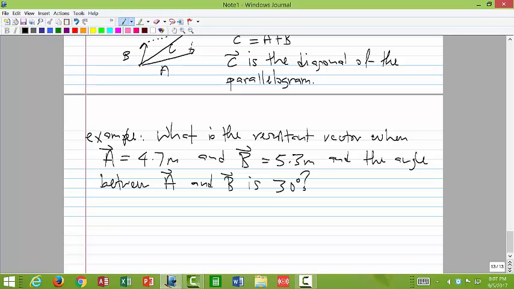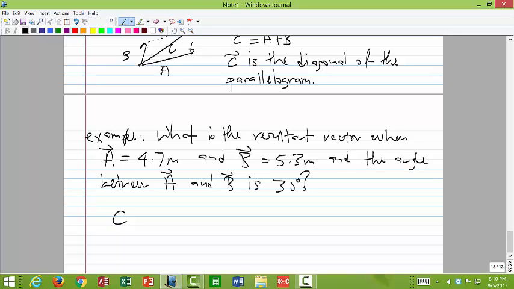A is one way, B is the other way. It doesn't matter really, they have an angle between them, just like if I draw them like this.